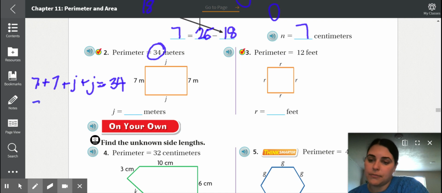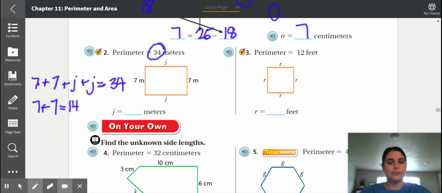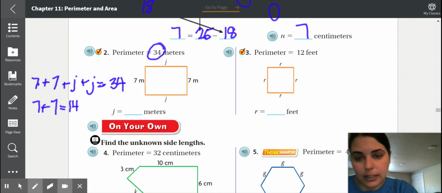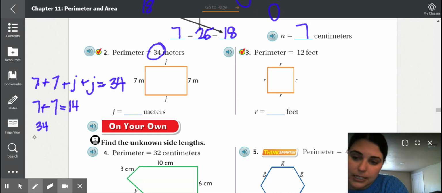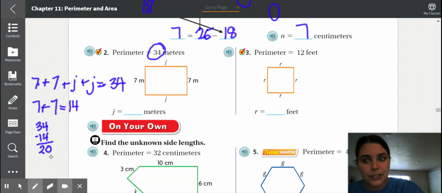What is 7 plus 7? Well, we know that that is 14. So let's take 34 and minus 14. We know that 4 minus 4 is 0. 3 minus 1 is 2. Okay, now we have the answer 20.